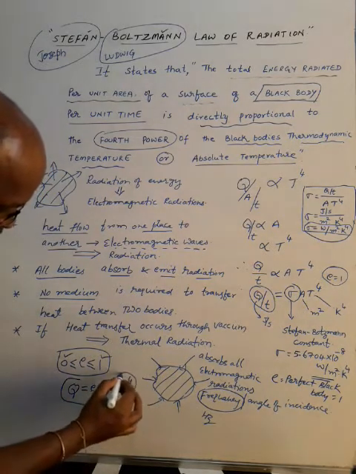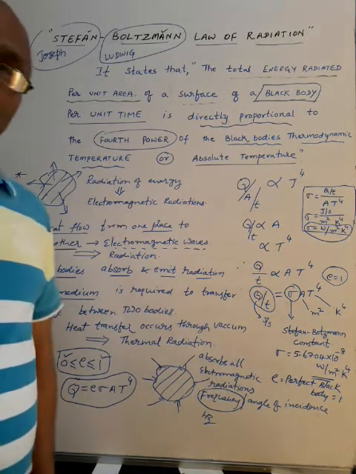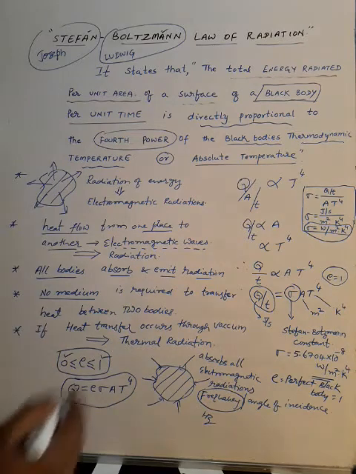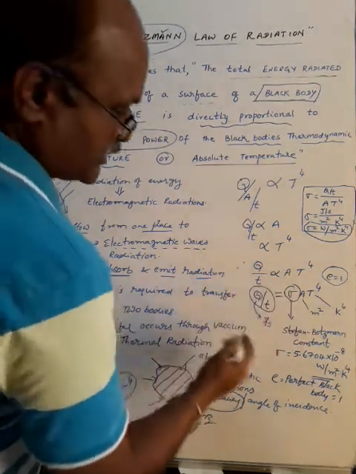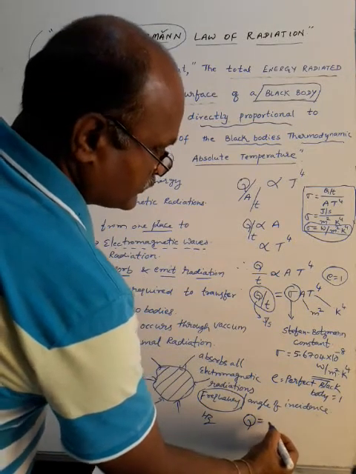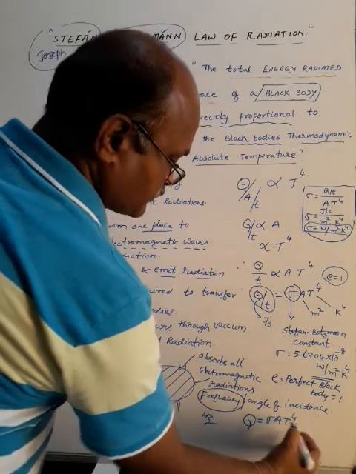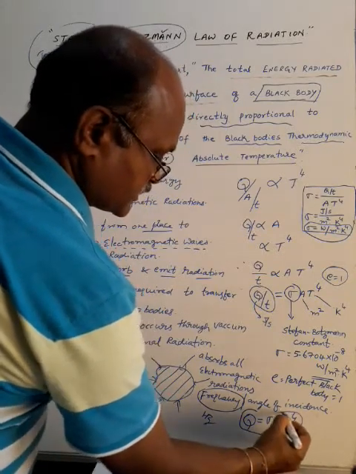So this is the equation for all bodies other than a black body. If it is a black body, we can write the equation Q equal to sigma A T power 4, where emissivity is 1.